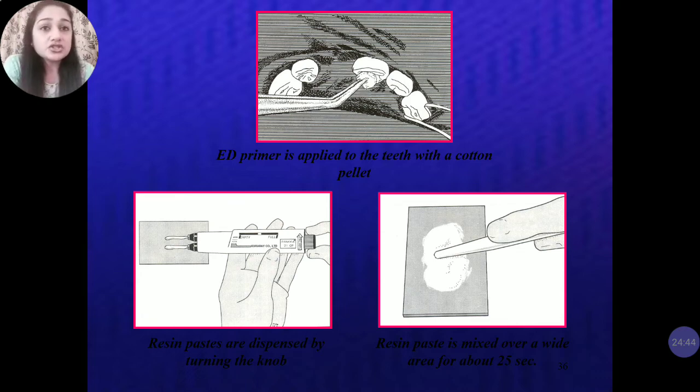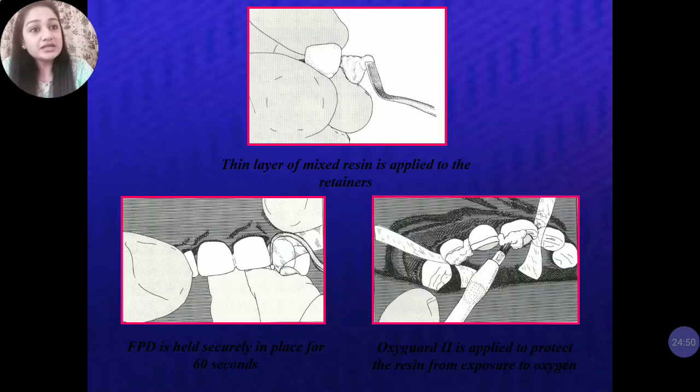Once the bonding agent or primer is applied, the cement is dispensed onto the mixing pad. The cement is mixed, and part of that cement is placed over the retainer surface, the intaglio surface of your retainers. Then the prosthesis is held in place for 60 seconds stably without moving it.